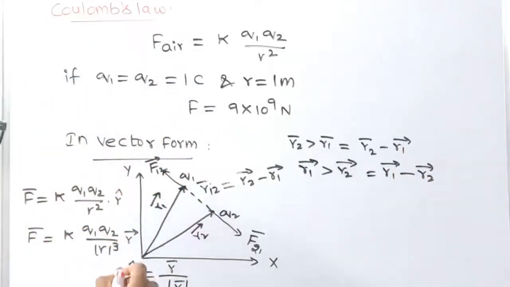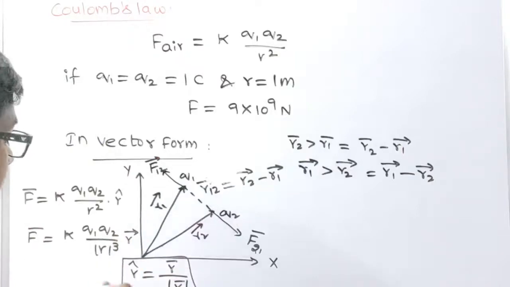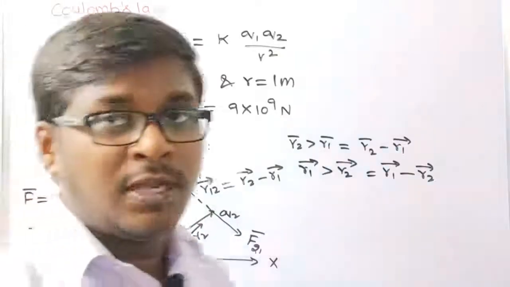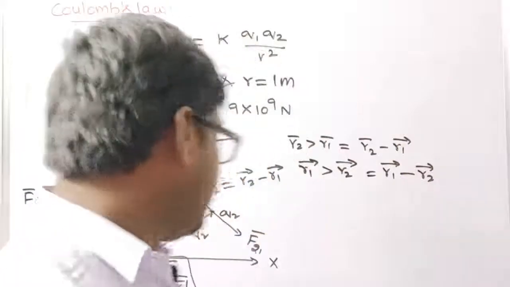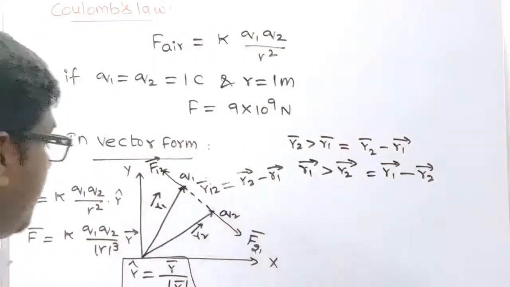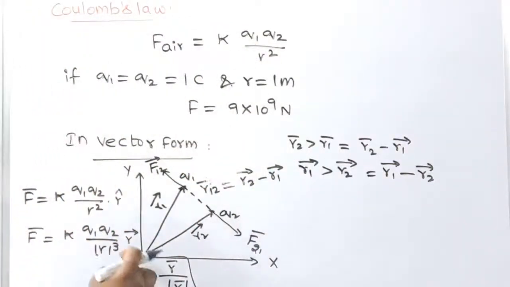This is the unit vector. For example, a unit vector a cap is equal to a bar by mod of a bar, and the same way r cap is equal to r bar by mod of r bar. That value is substituted in the place of r cap, the unit vector of distance.